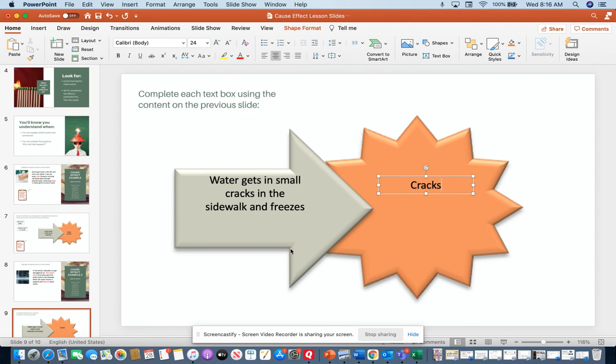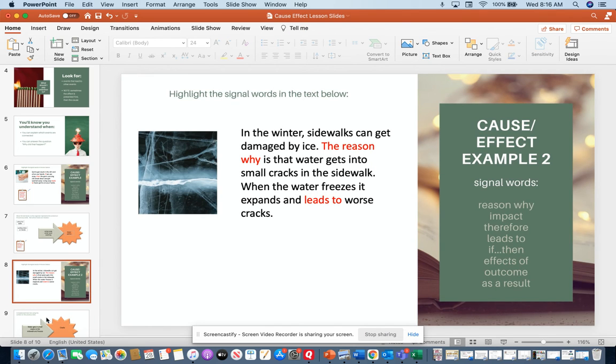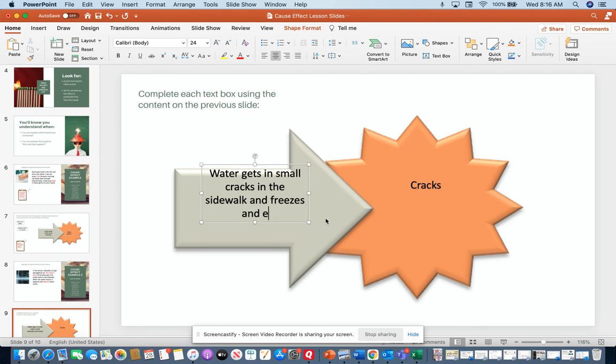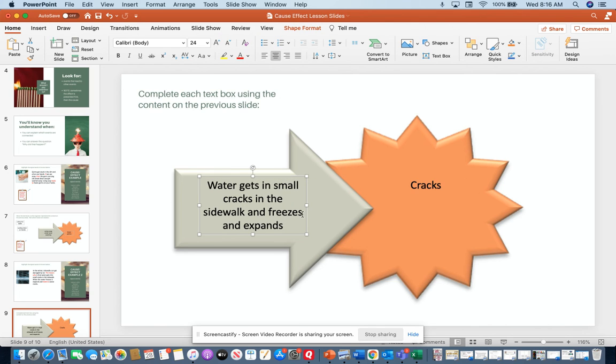The cracks, let's see what it says. The water gets in small cracks in the sidewalk and freezes and expands.